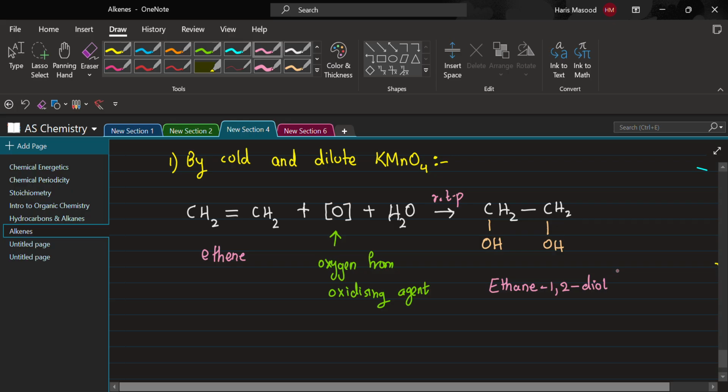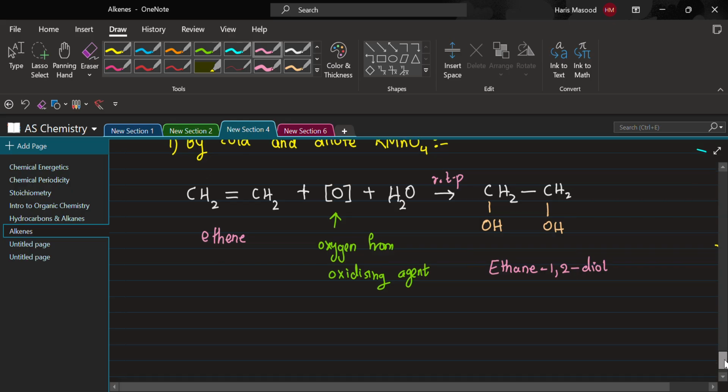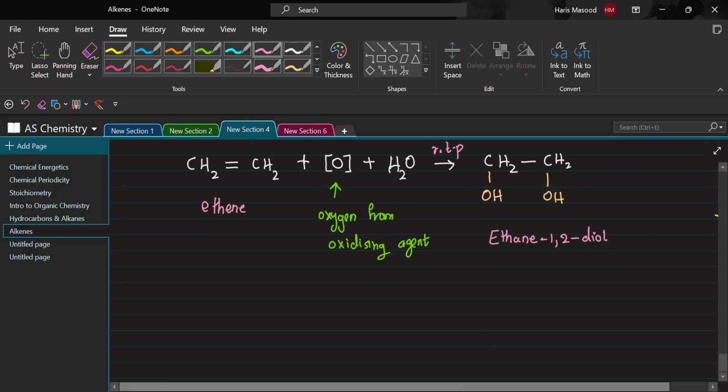That is the name of this compound. So this reaction is quite easy. You just have to add OH on the two carbons which were bonded together by the double bond.